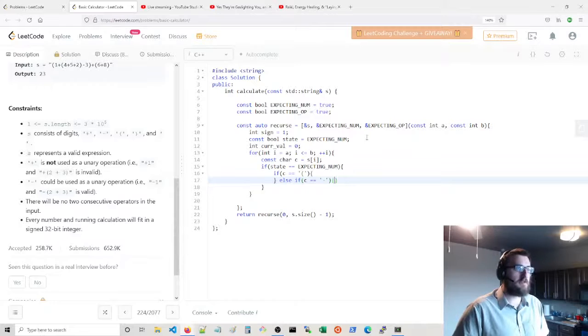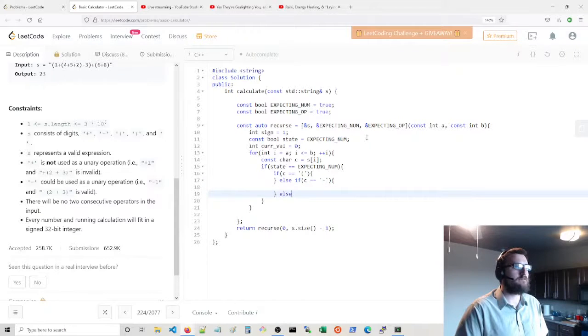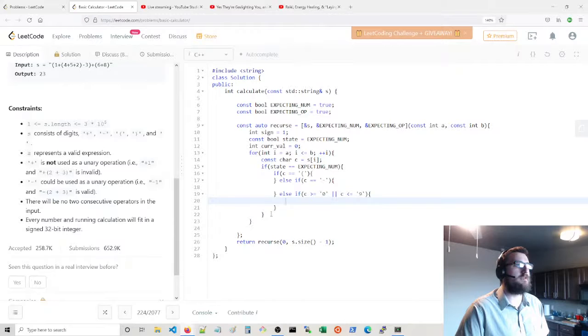That's what the other one is. And finally, a digit. So if c is greater than or equal to 0, or c is less than or equal to 9, the digits. Yeah, it's going to do different things in each situation.